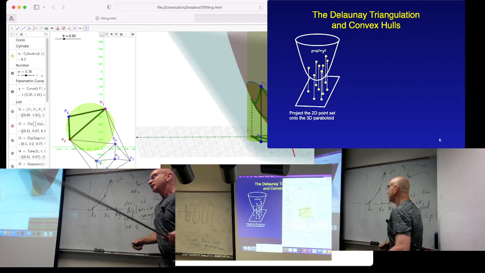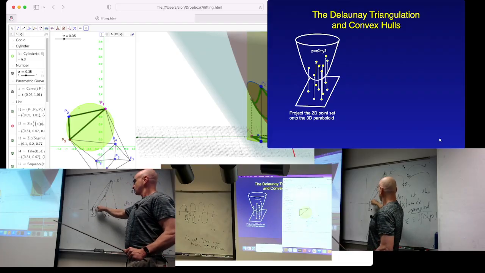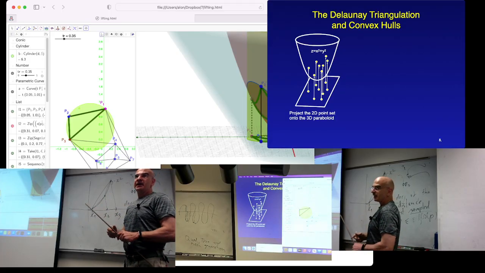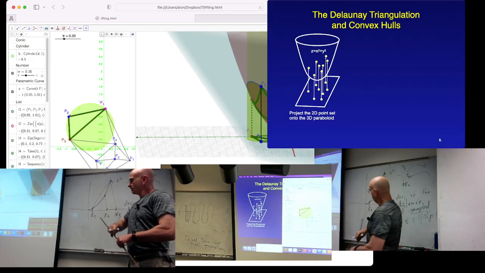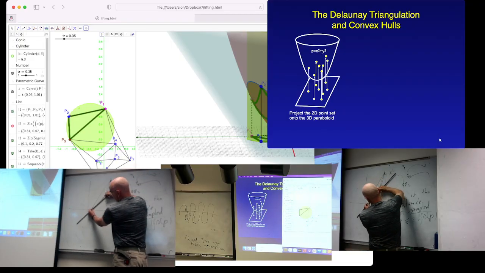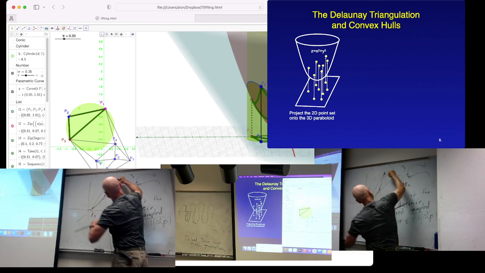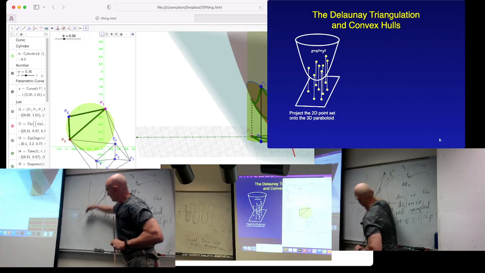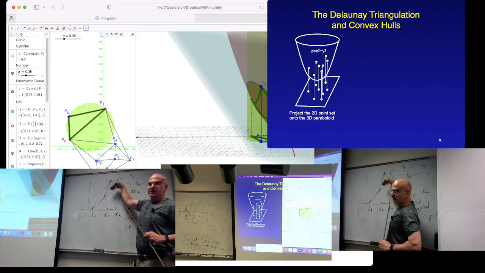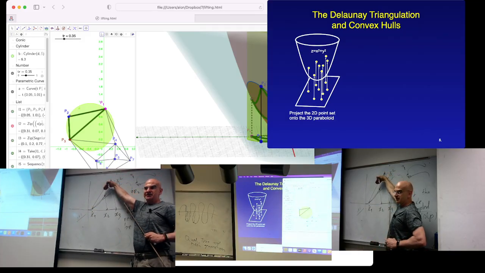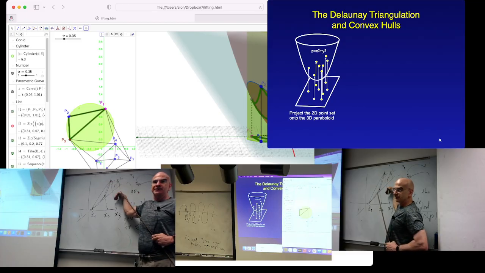I want to convince you that x1 and x2 is an edge of the convex hull. What do I need to do? I need to show you that if you're drawing a half plane through x1 and x2, every other point in your data, when you project it, should be on the same side of this half plane. There is no point on the wrong side.